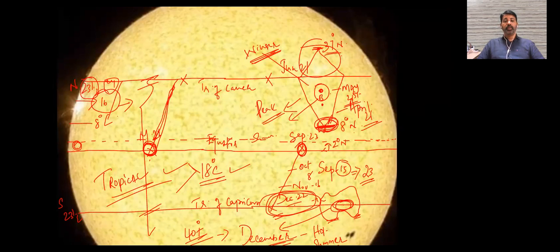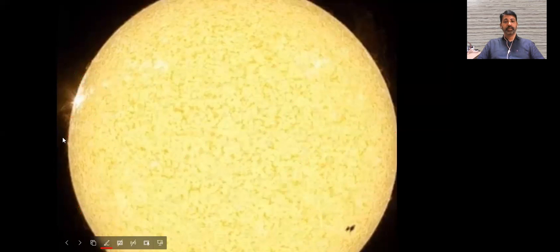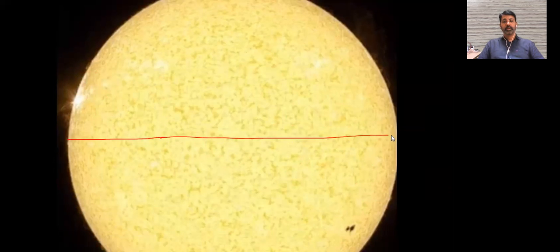Okay. Now, one thing you need to understand. This is the equator, March 21st or 23rd, and September 23rd. Let us imagine these two places when the direct sunlight is available.